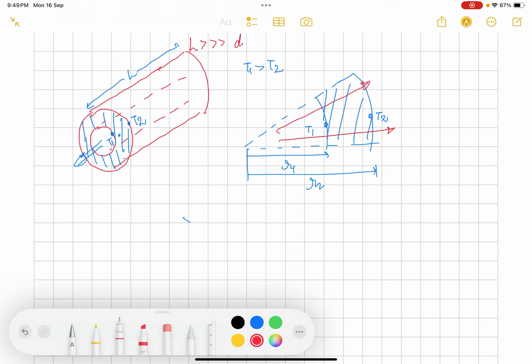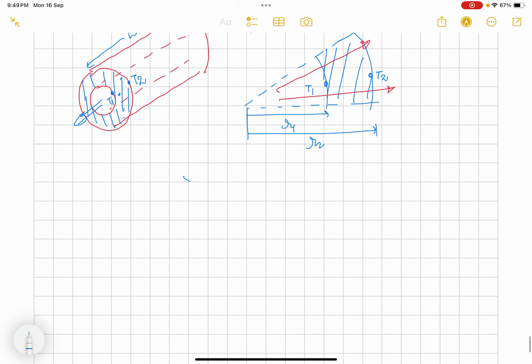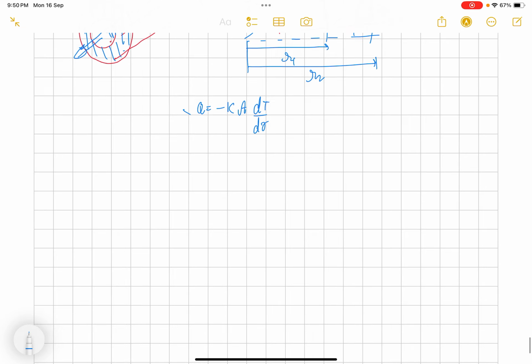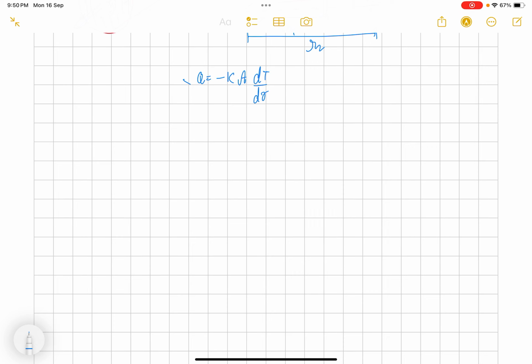So we will start from Fourier's law. Q as minus KA dT by dr. Why r? Because the cylindrical coordinate system is there in this case. For the cylindrical case, what will be the area?